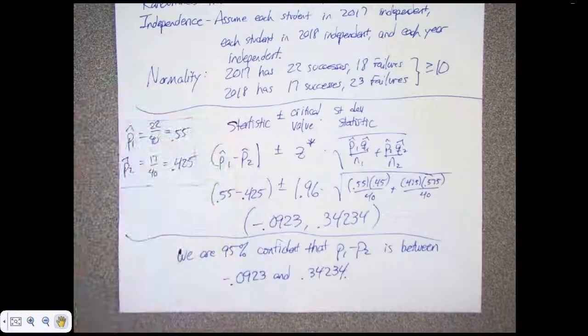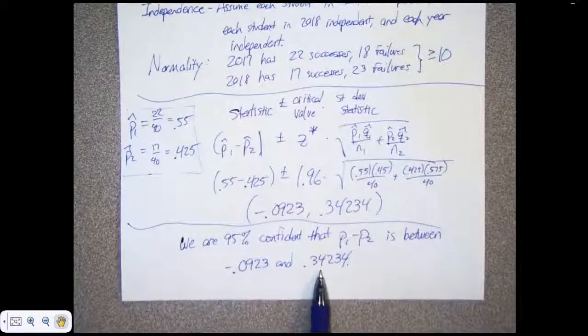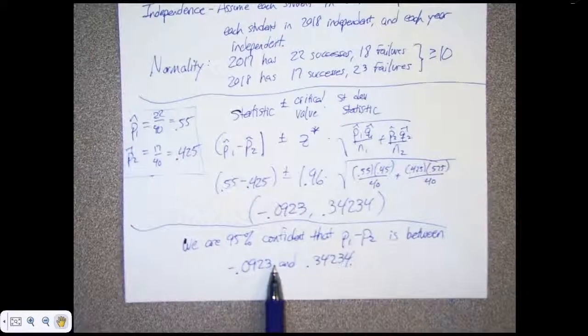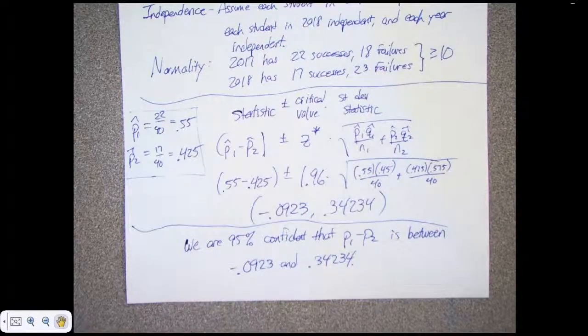Everybody do it backwards. Not backwards, it's not wrong. Just everybody do the opposite of what I did. If you had, you would get negative 0.34234 to positive 0.0923. It would just flip the sides of both, and that's fine. 7 minus 5 is 2, 5 minus 7 is negative 2. They're both true, they're both fine.